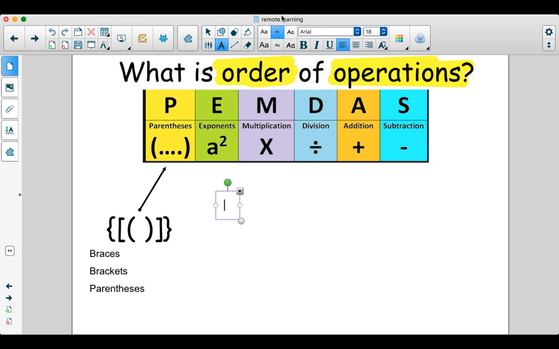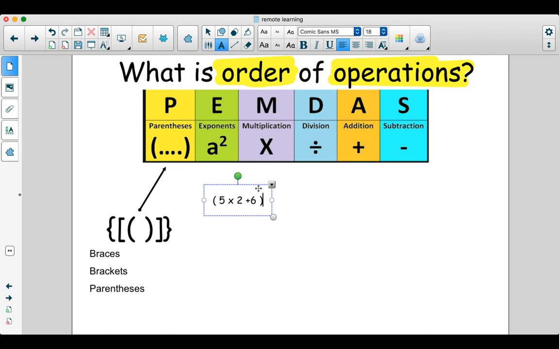Okay. So now, I'm going to give you an expression using PEMDAS. 5 times 2 plus 6.